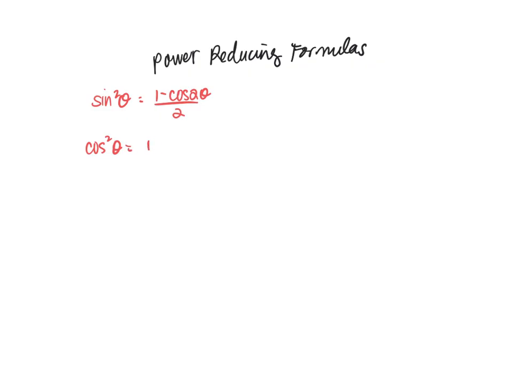Cosine squared theta equals 1 plus cosine 2 theta divided by 2. Tangent squared theta equals 1 minus cosine 2 theta divided by 1 plus cosine 2 theta. You'll notice that tangent squared is kind of the sine squared formula divided by the cosine squared formula.